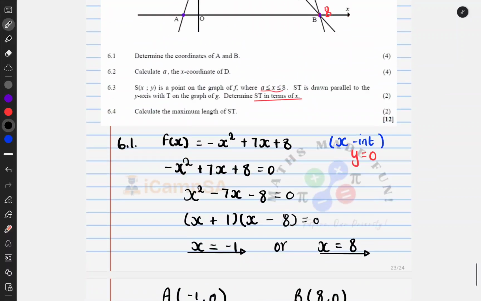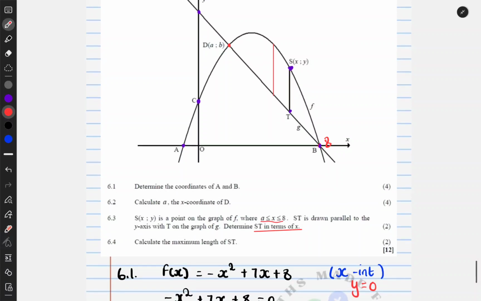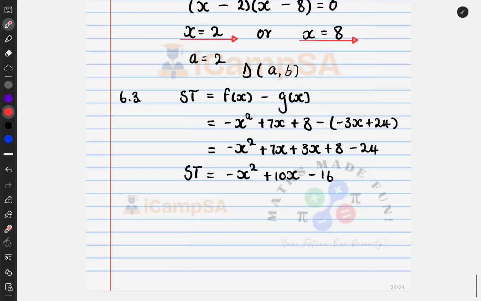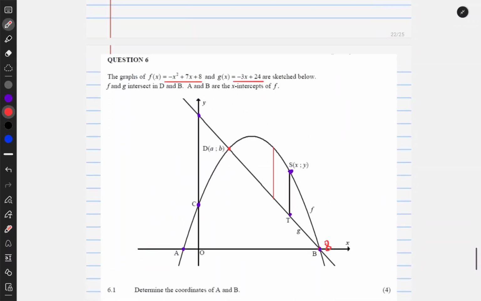So the maximum length of ST will occur at the point whereby these two graphs, the straight line and the parabola, are the furthest away from each other, and remember that the equation that we have just written here for ST is to calculate any distance between these two graphs, any length between these two graphs, just like that red line as I've drawn here.